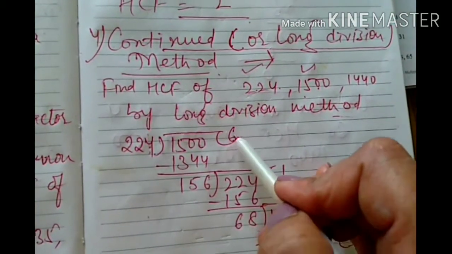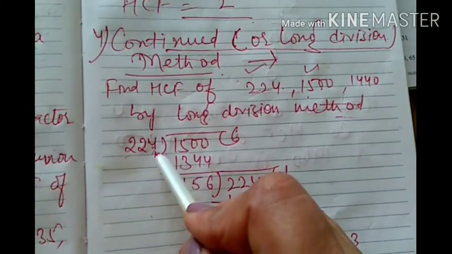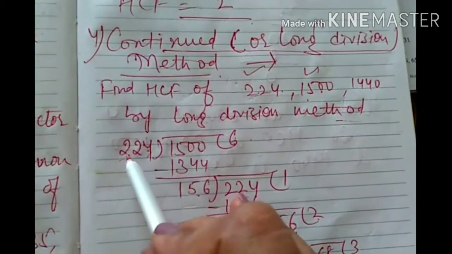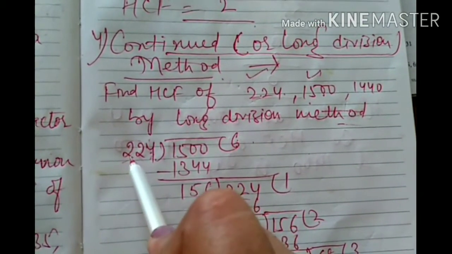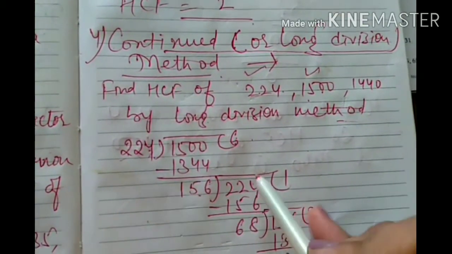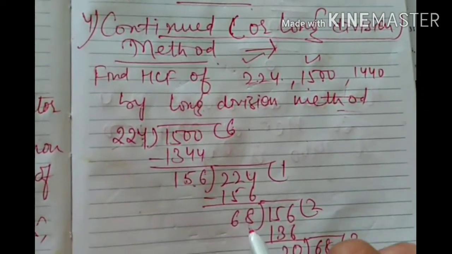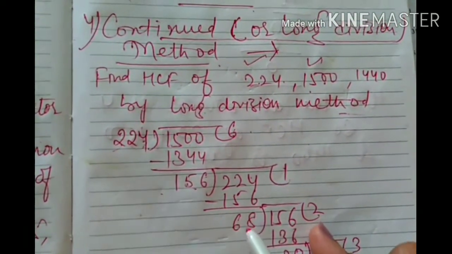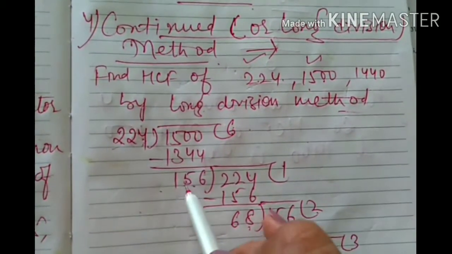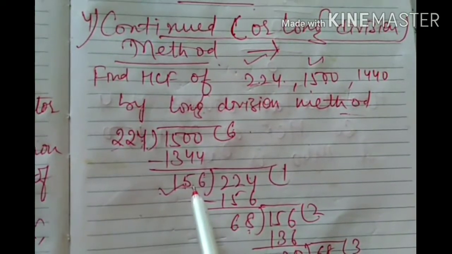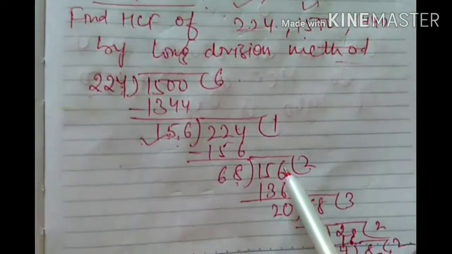Divide; recite the table of 224, or you can multiply by 6. Then the remainder is 156. Take this previous divisor as dividend. Divide. Again you have got a remainder. Then this remainder will be taken as divisor, and the previous divisor will be taken as dividend.